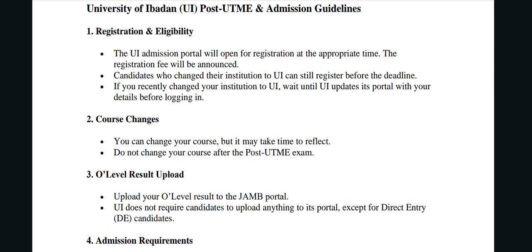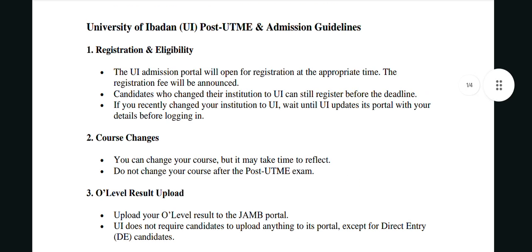When it is being announced, you can change your institution to UI, and when that is done, you have to wait for some days or a couple of weeks before they recognize that you have changed to the institution, because if you do not pick UI as your first choice, there's no way you'll be able to register. They will not recognize you.